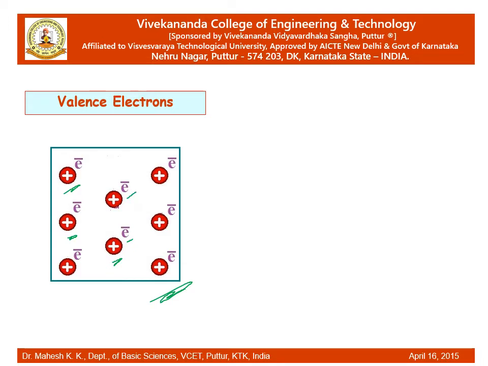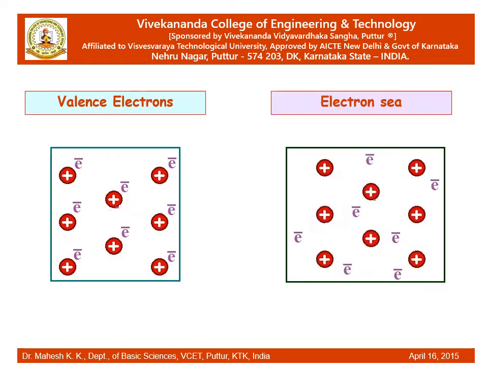Further, we generalize that the electrons present in the outermost shell, which we already explained as free electrons, are mobile. They are not attached to a particular atom. So this electron is not attached to the atom here, it could be mobile. That is why they are called free electrons.